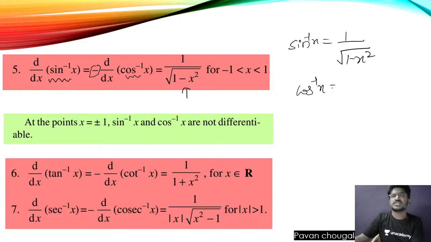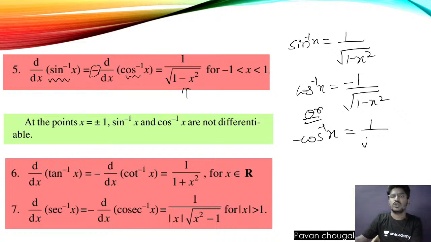For cos inverse x, you can write it as minus 1 by root of 1 minus x square. Or for minus cos inverse of x, you can write it as 1 by root of 1 minus x square. These both terms are same.